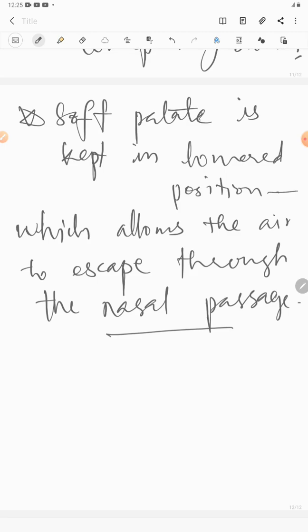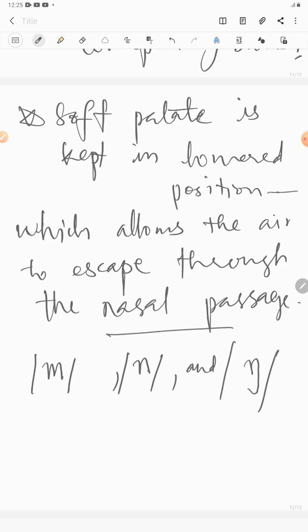We have three nasal sounds in English. Which are they? The three nasal sounds in English are m, n, and ng. Now we'll be talking about the three-term label of m.